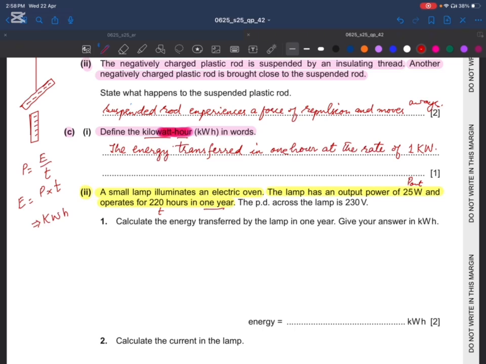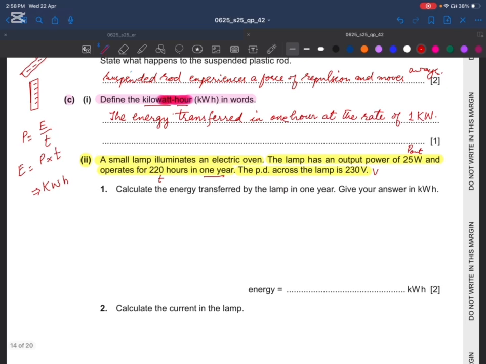The potential difference across the lamp is 230 volt. So this is V. Calculate the energy transferred by the lamp in 1 year. Remember that 1 year is not the total time. Time is only 220 hours. So be careful of this fact.